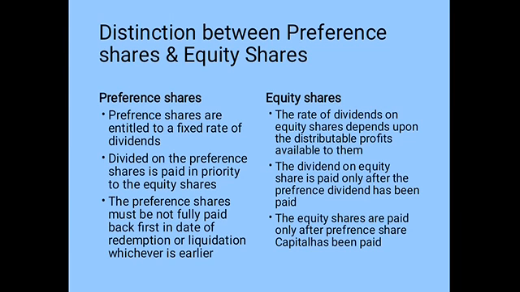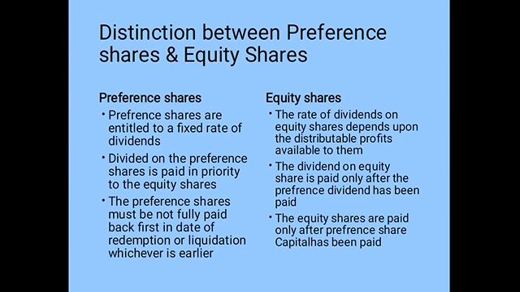The first difference says that preference shares are entitled to a fixed rate of dividend, whereas the rate of dividend on equity shares depends on the distributable profit available to them. When it comes to preference shares, the return we give to the preference shareholders will be a fixed rate of dividend.